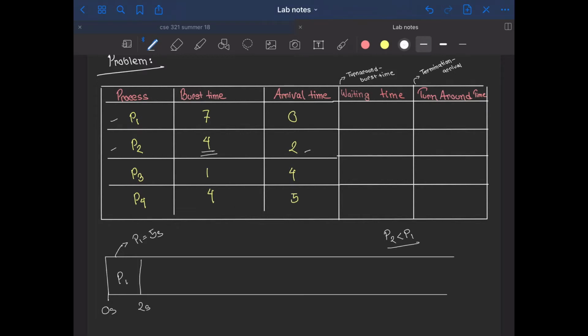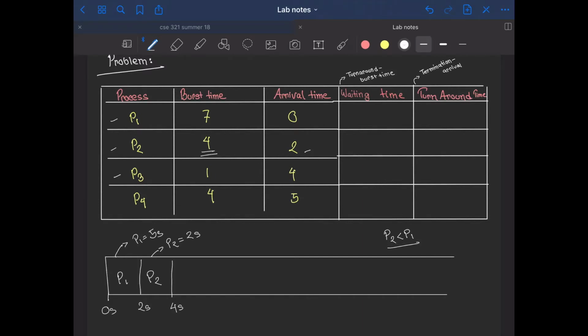As this is a preemptive algorithm, there would be a context switch. So P2 gets the CPU, and P2 works for 2 seconds. At 4 seconds, P2 has a remaining of 2 seconds, and at the 4th second we see another process coming into the RAM, that is P3.